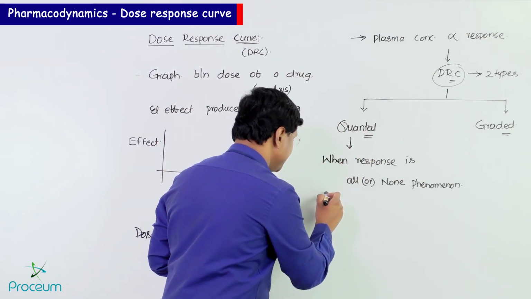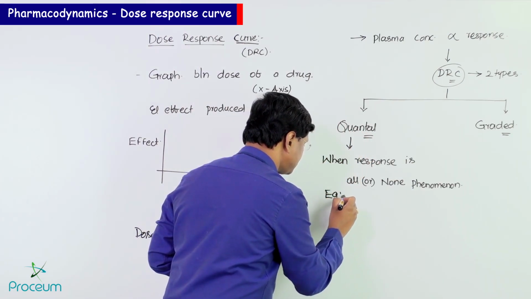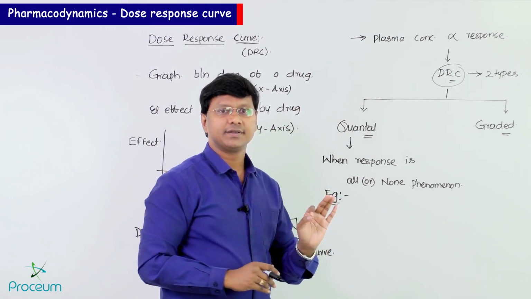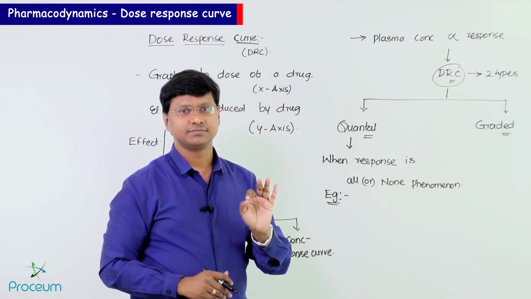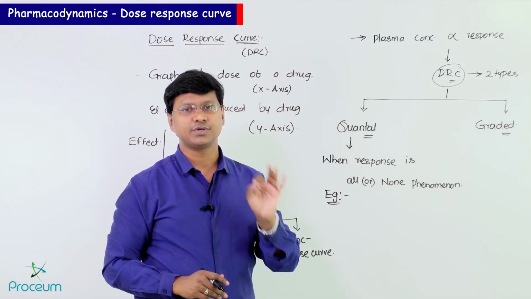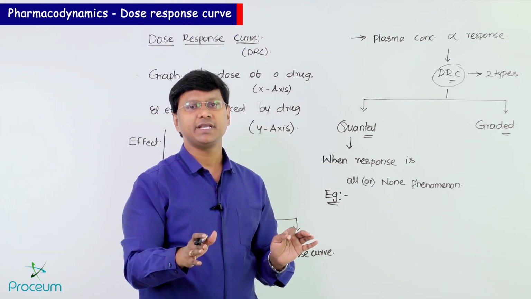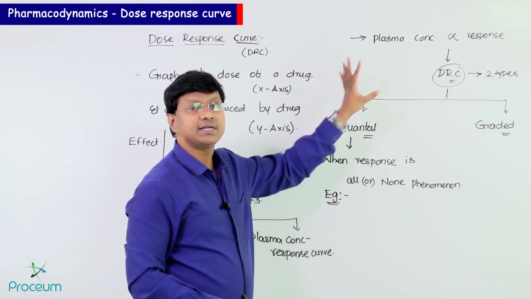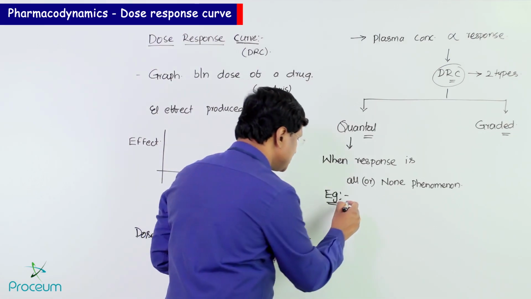I will tell you an example here. Remember, an antiemetic drug stopping the vomiting or not, that will be your Quantal dose response curve.